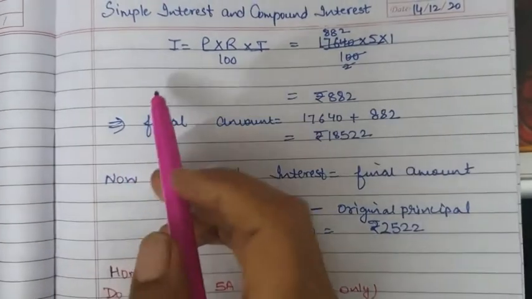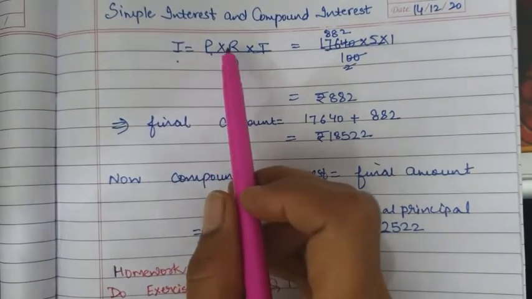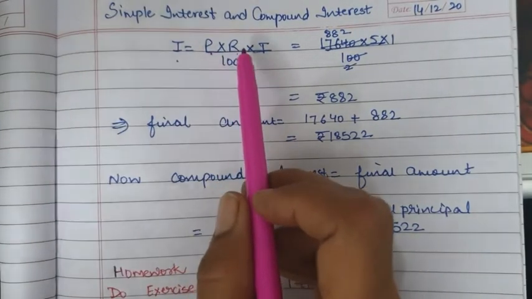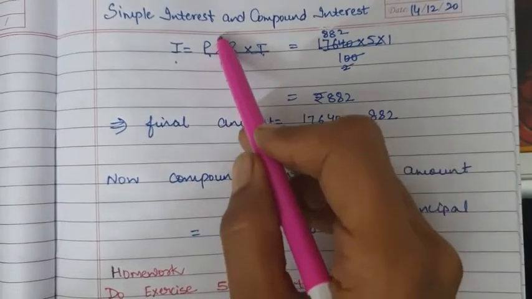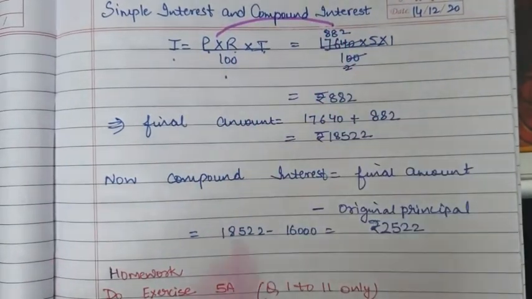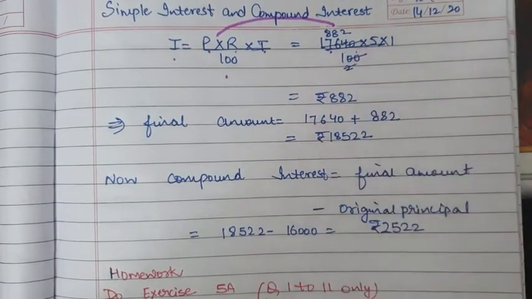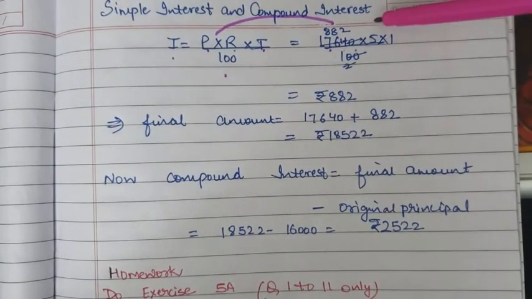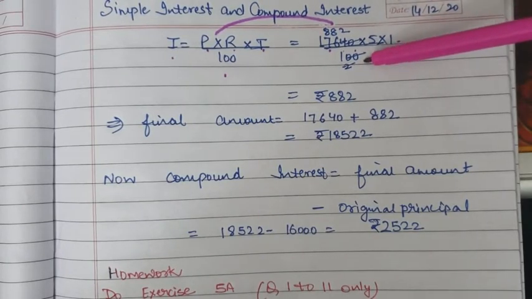Again put the values in the formula of interest. Principal multiply rate of interest multiply time upon 100. Principal, we have put the value, that is 17,640 rupees. Rate of interest and the time, then upon 100.